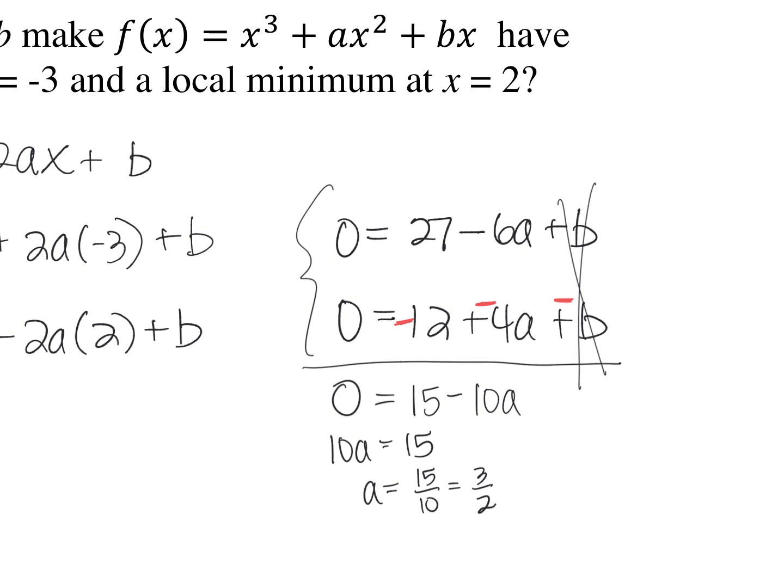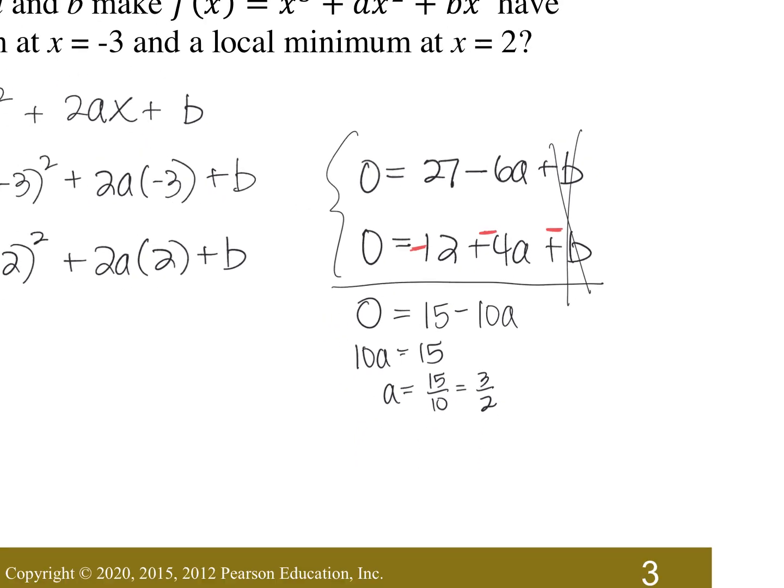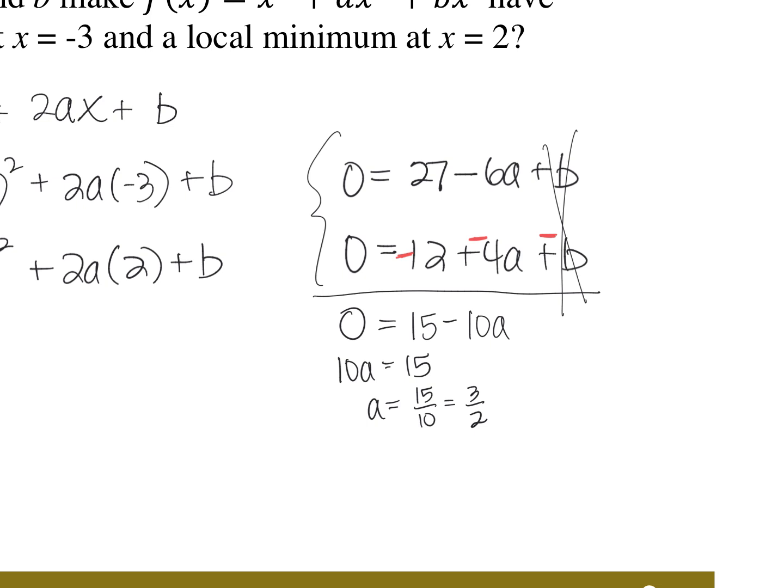What else do I need to find? The answer for b. I can go back to either of those two equations, it doesn't matter which one, and find the value that I need for b. So I can take 0 equals 12 plus 4 times 3/2 plus b, and I should be able to figure out what b is.